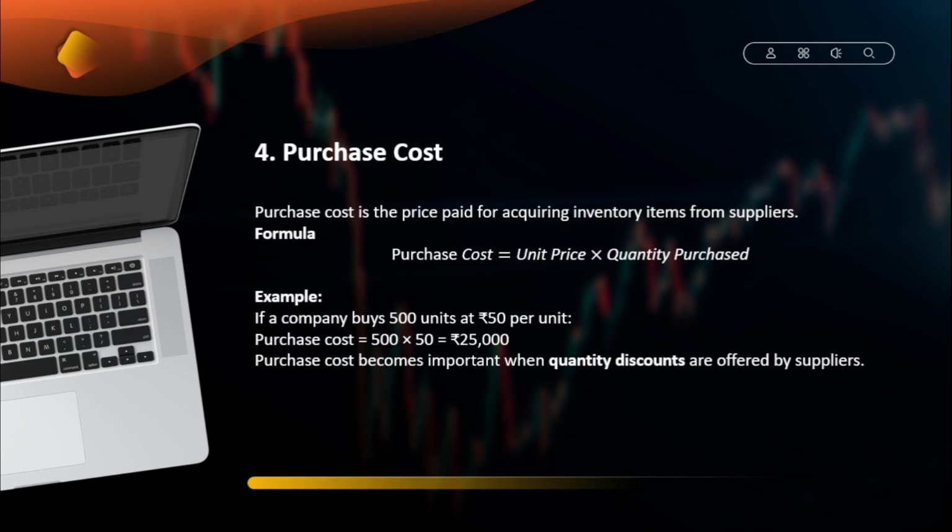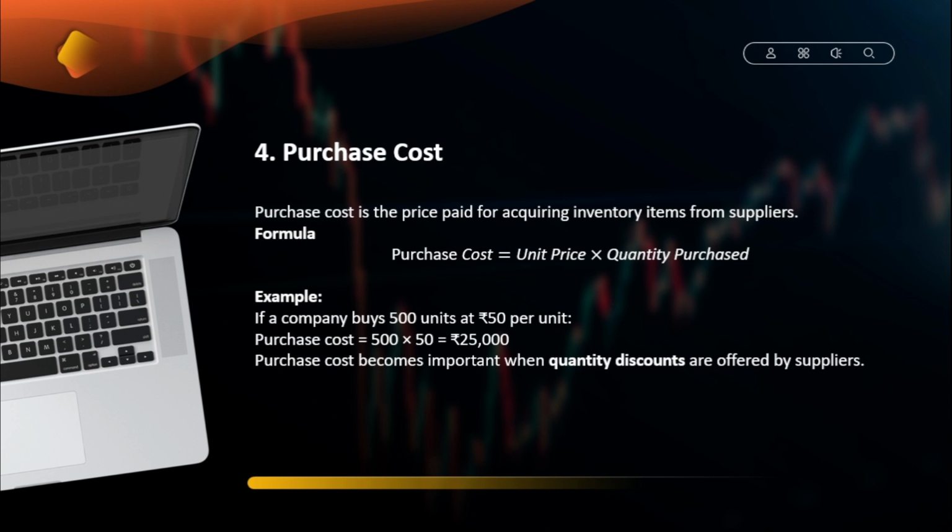Next is purchase cost. This cost is the price paid for acquiring inventory items from suppliers, and the formula is that it can be calculated as the unit price multiplied by the quantity of product we purchase.